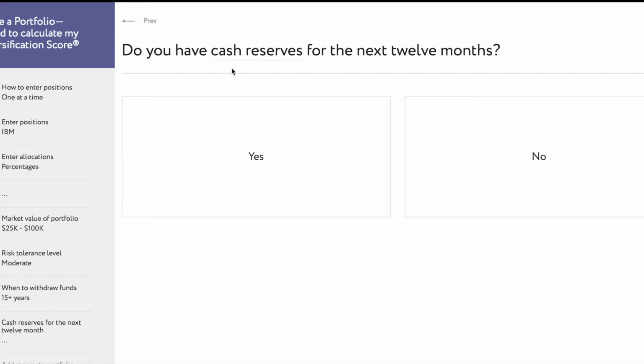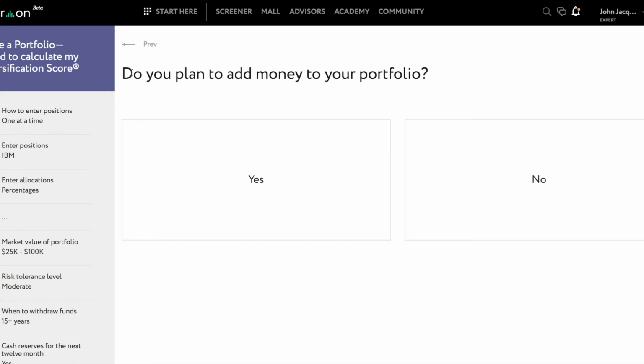Now, step number 8 is calculating our cash reserves. This means, do you have enough cash on hand to cover your living expenses for the next year? And the final step is, do we plan on adding money to our portfolio? Chances are that most investors are planning on adding money.